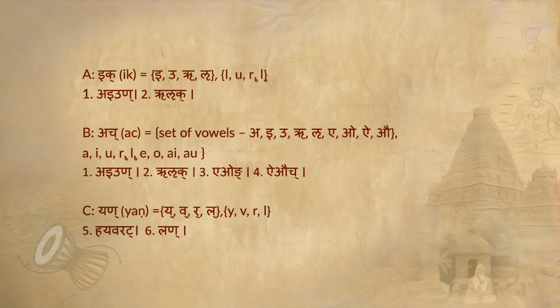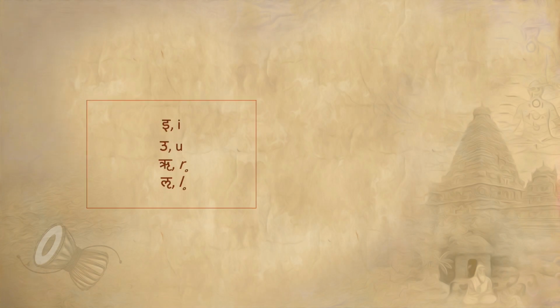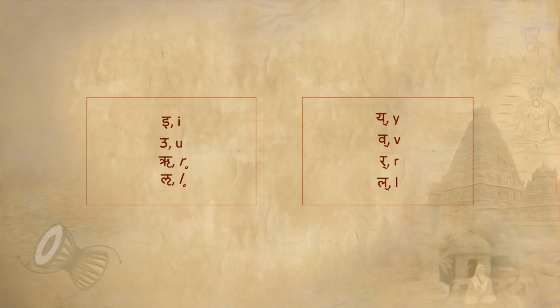So now he is saying there is a set A which has I, U, R and L. There is another set B which consists of all the vowels, and a third set C which contains only Ya, Va, Ra and La. Now what you find is sets A and C have the same number of entries.